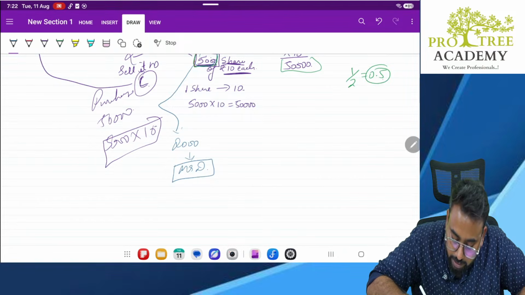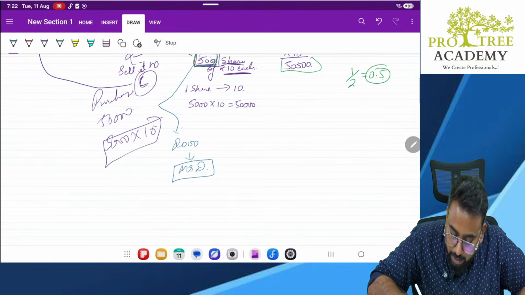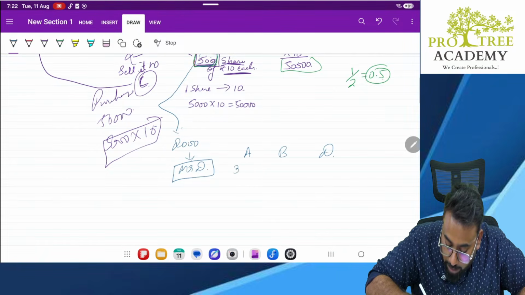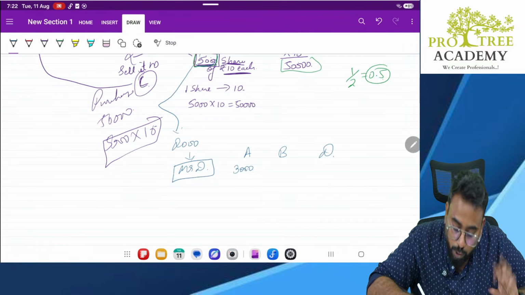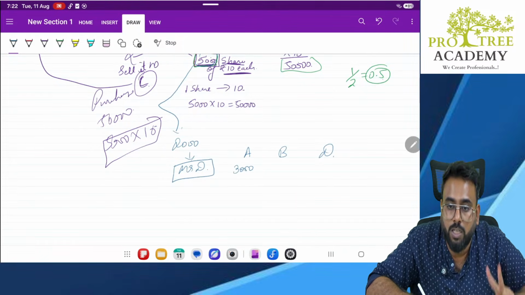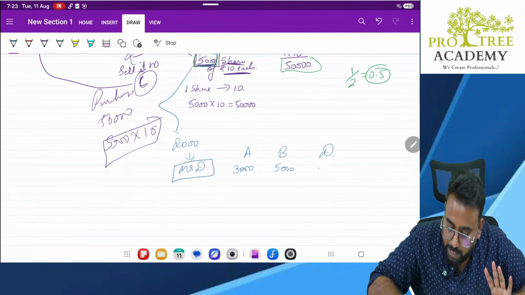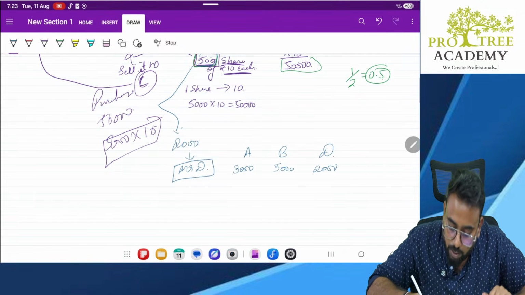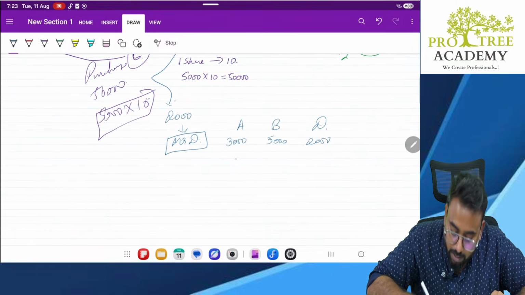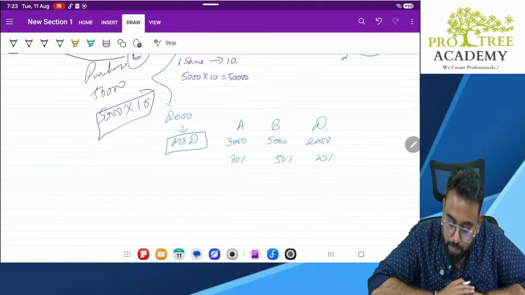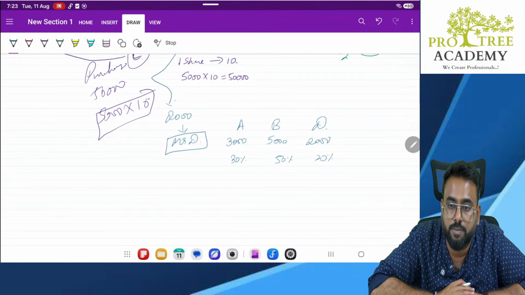So, how many owners are there now? A, B and D. How many shares is Mr. A having? He is having only 3,000. Why? Out of 5,000 shares he had, he has sold 2,000 shares. Now, how much is Mr. B having? 5,000. How much is D having? 2,000. Now, what is the ownership ratio? It is simple. 30%, 50% and 20%.